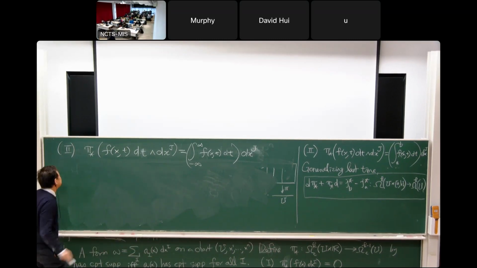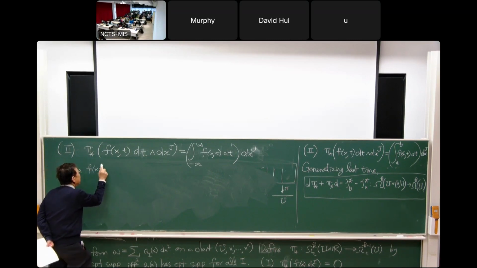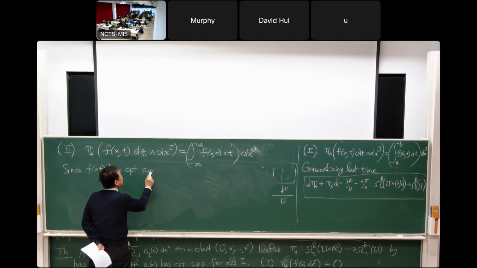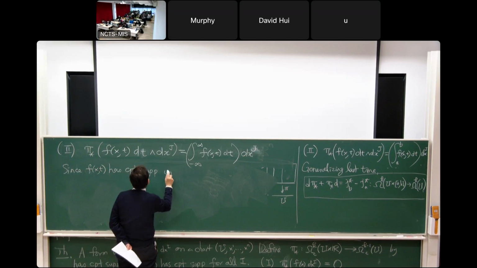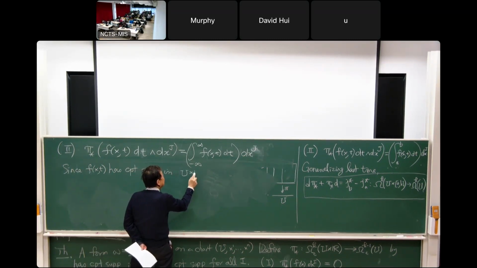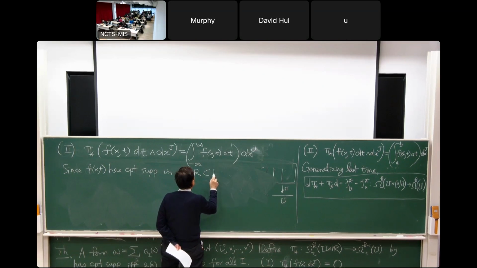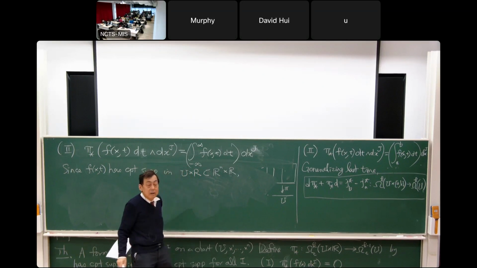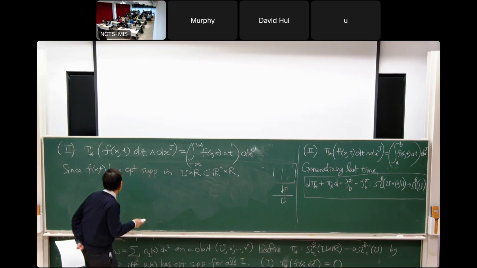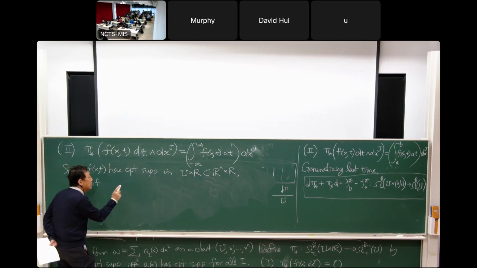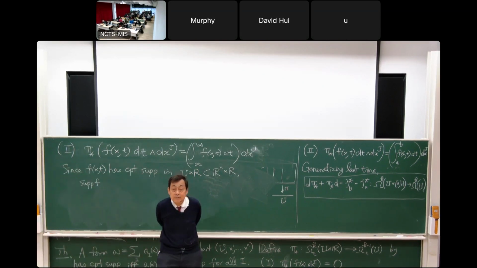So since F has compact support in U cross R, which is inside Rn cross R, you have a compact set inside a Euclidean space.